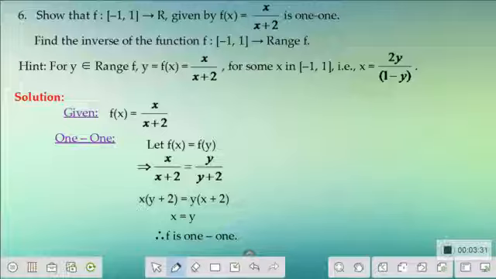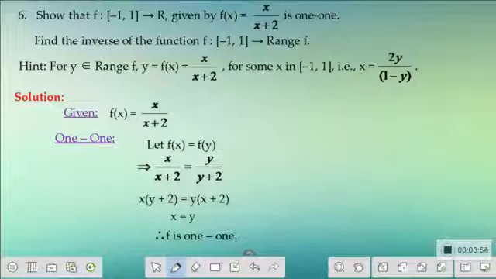Let's say the question we have. We have a function f which is from the closed interval [-1, 1] to the set of real numbers, defined by f of x is x by x plus 2. Now the first thing we have to show is that this function is 1 to 1. Let us finish off that and then come back to the next part of the problem. So we have f of x is x by x plus 2.